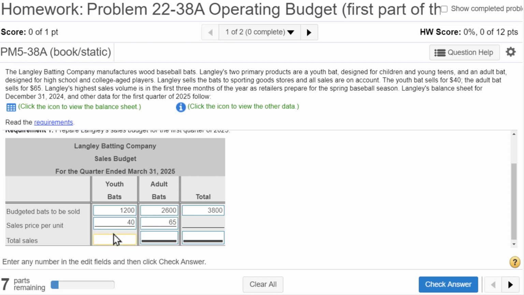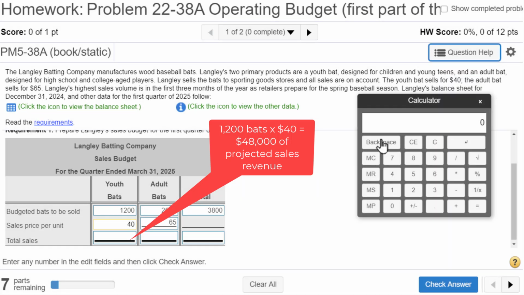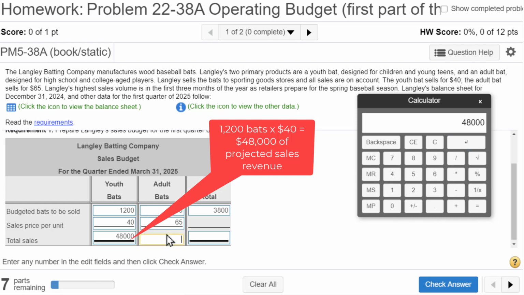To get the total sales for the youth bats, we're going to take 1,200 times $40 per bat. 1,200 times 40 gives us $48,000 of projected youth bat sales. So that's our projected sales revenue.